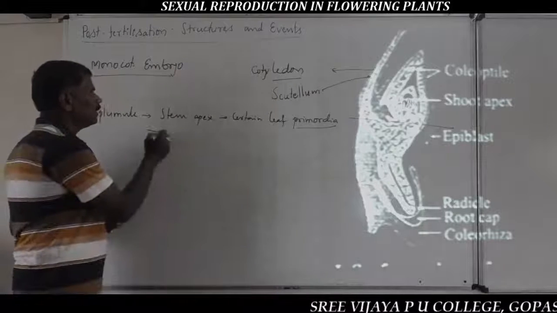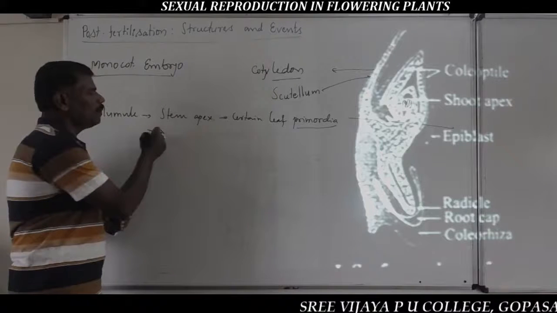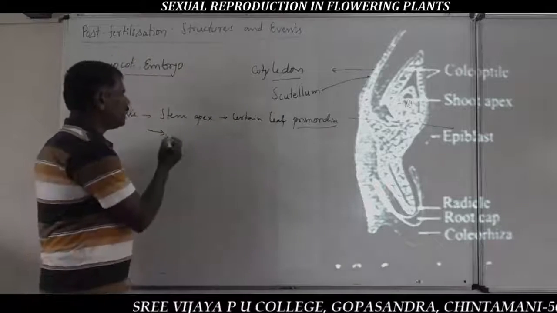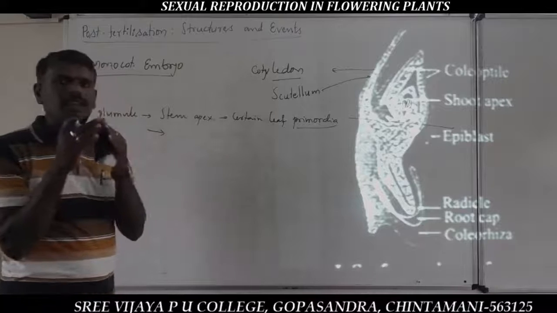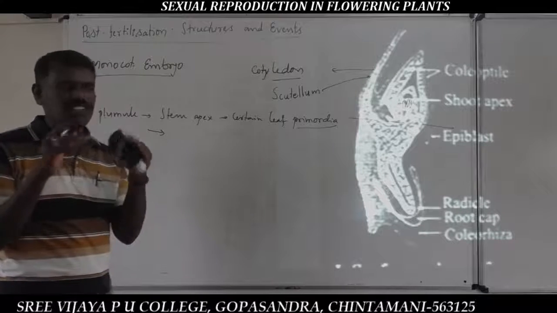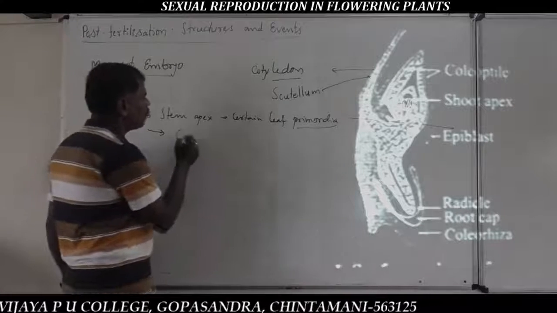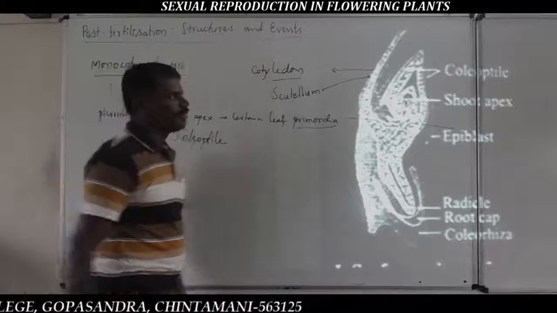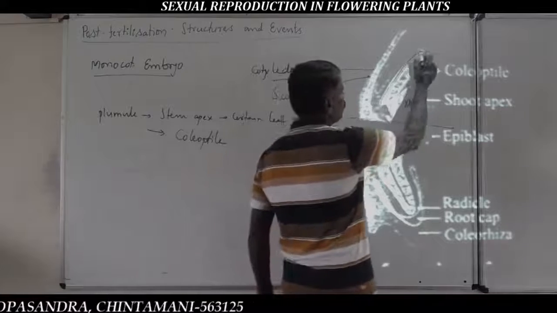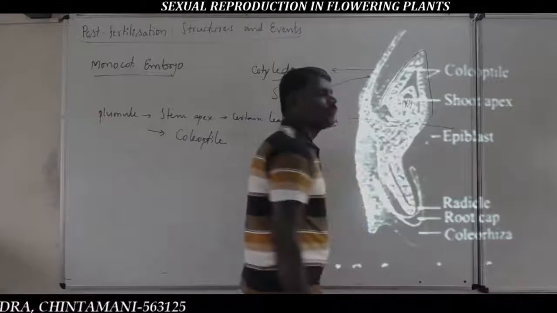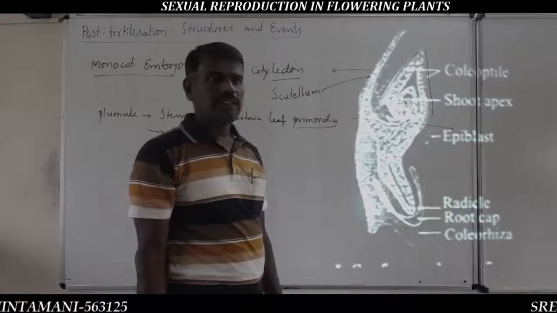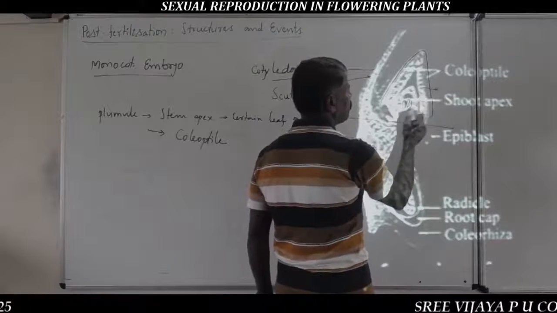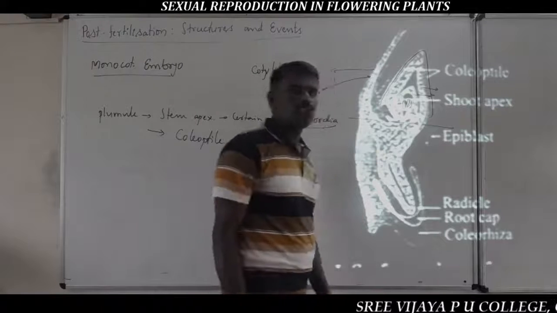But this plumule or stem apex has a special characteristic in the monocotyledon: it is completely covered with a mass of cells, a sheath called the coleoptile. See, here is a structure, a sheath, a layer that protects the entire leaf primordia, the shoot apex.